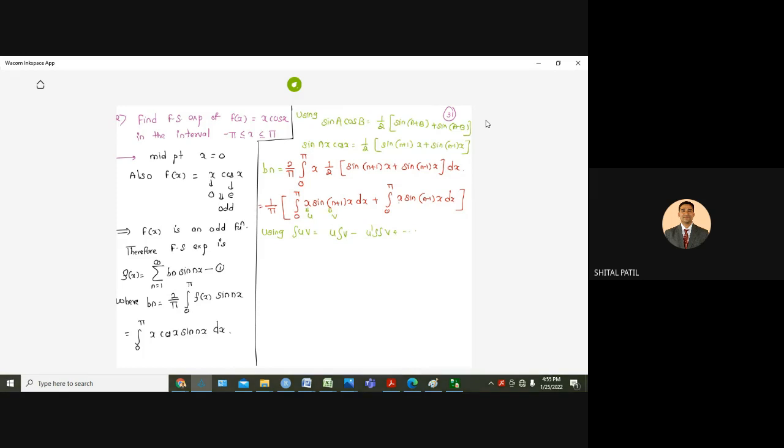But we have to use the UV formula twice for both the integrals. So for the first integral, it is like this. Sir, 1 by pi will come, no? Final answer. Sorry, this should be 1 by pi, no doubt.